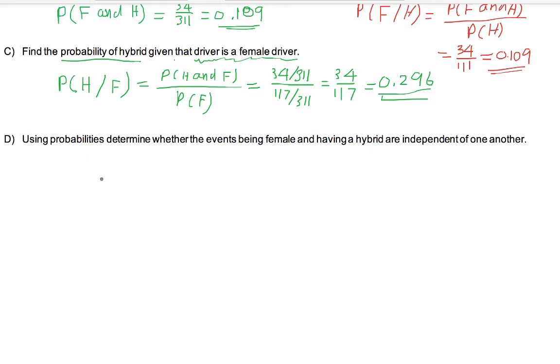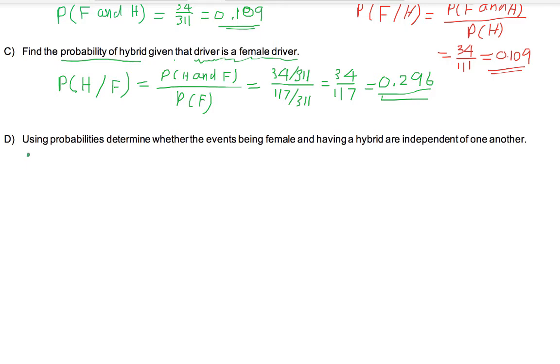Okay, independent part. So how do we check? Actually, we have basically two equations. Let me explain one by one. First, you can use the conditional probability.